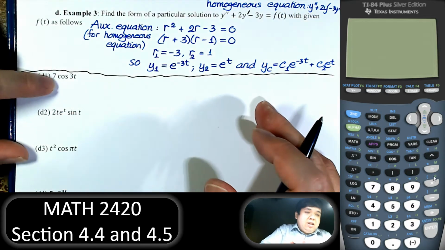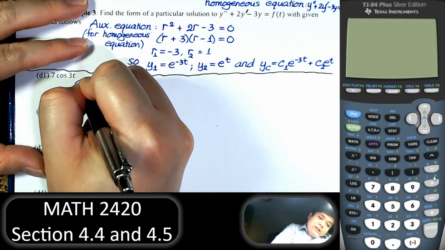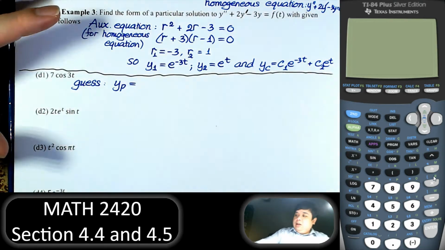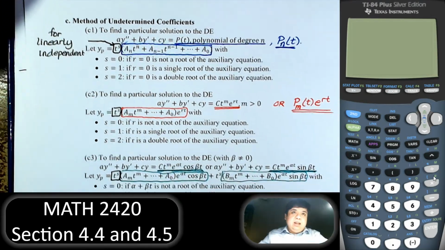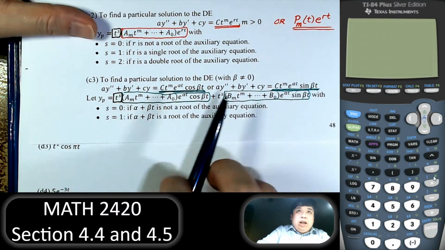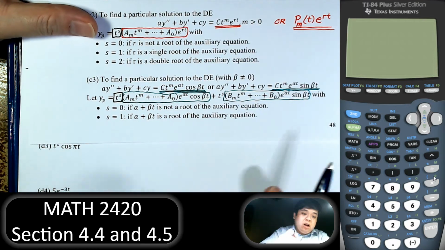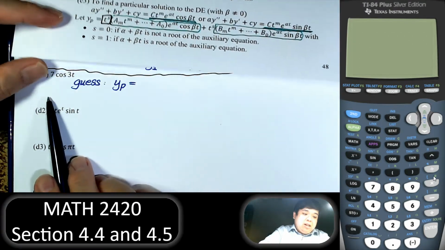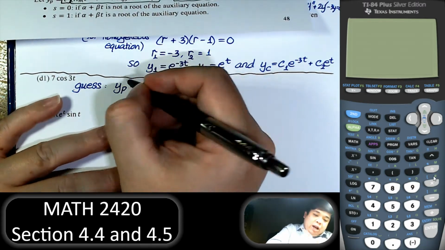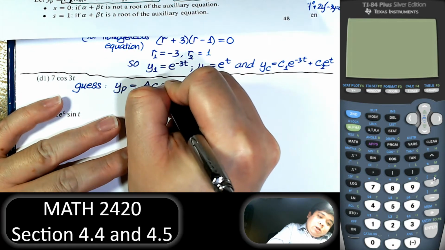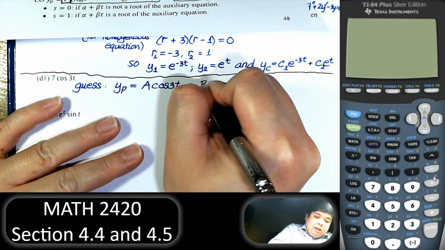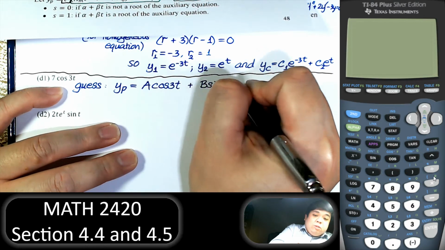Now, the guess will be, I said have this page handy, if we have either sine or cosine, the guess has to be both sine and cosine. So it's going to be sine and cosine of the same term. And the degree of that, 7, is constant, so the same degree. So our guess is going to be A cosine of 3t plus B sine of 3t. It's going to be the same as that.